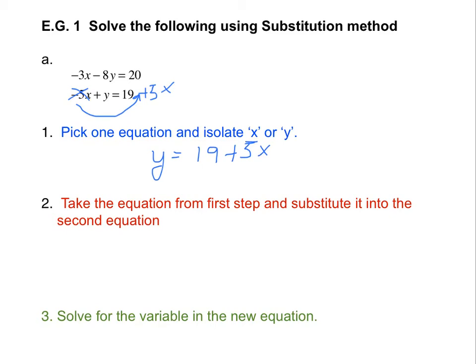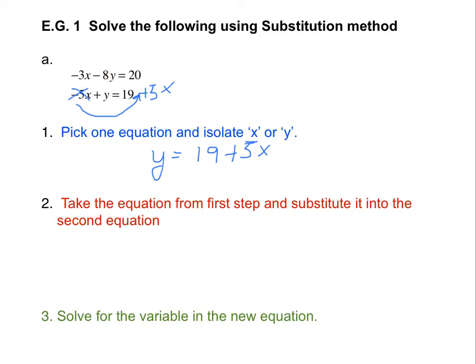In the second step, we're now supposed to take what we just got and substitute that information into the other equation we haven't used yet. So basically this y value here, I'm going to want to take this information and put it into the y in the other equation. So that would be this y right here in the first equation that we haven't used yet.